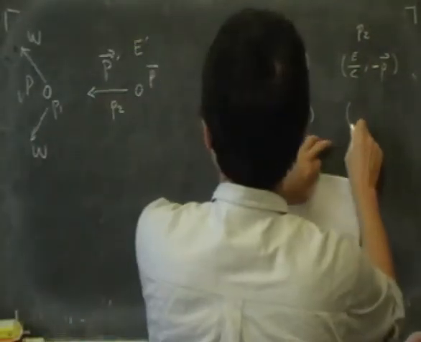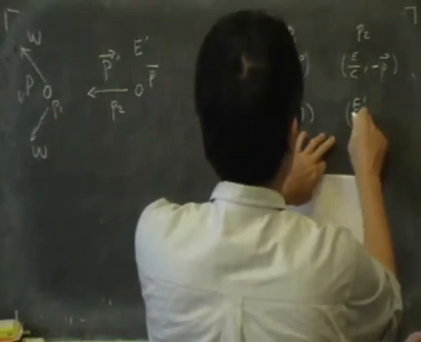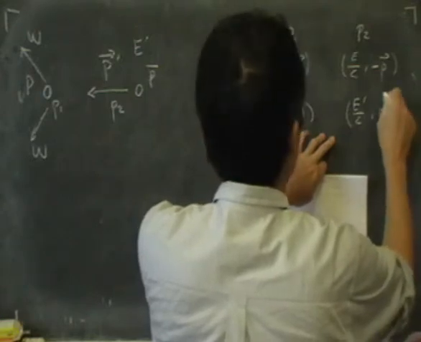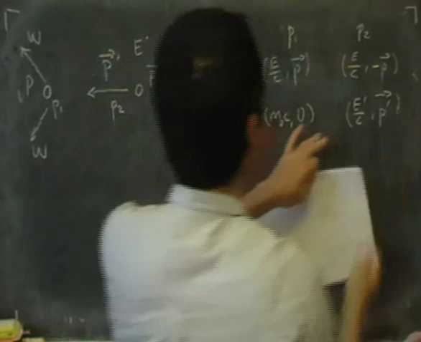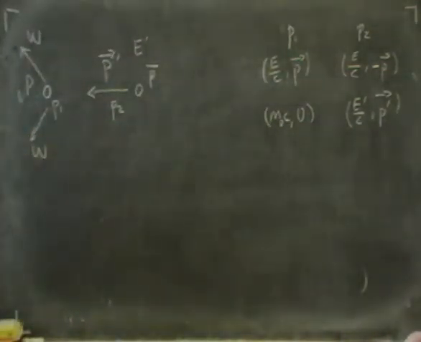So the four momentum for the moving antiproton will be E prime over c, P prime.